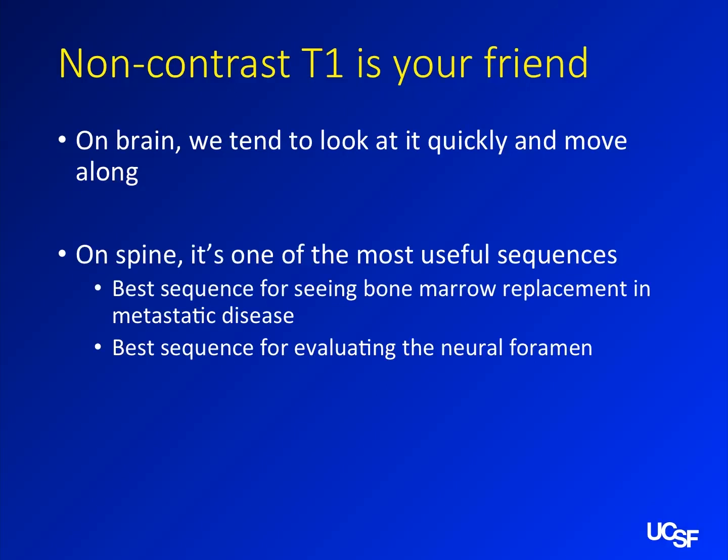In some ways, it's even better than post-contrast, because many times the post-contrast will enhance exactly to the degree of the fat, and then you end up with a lesion that looks exactly like the adjacent fat. T1 is also the best for looking at the neural foramen, because you have that fat, and it's the loss of fat that characterizes what the neural foramen is like.